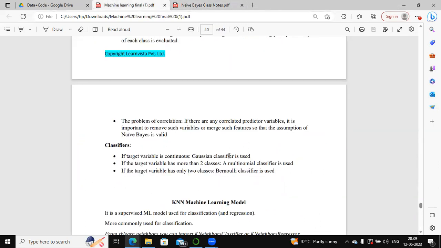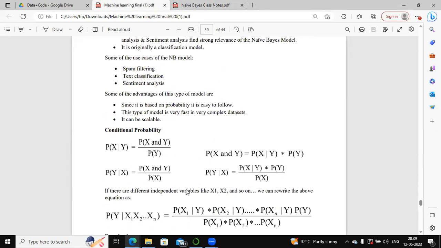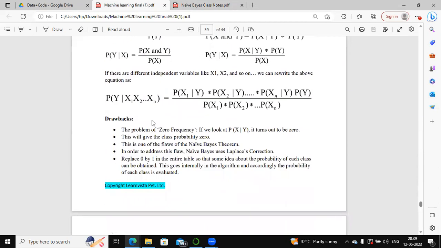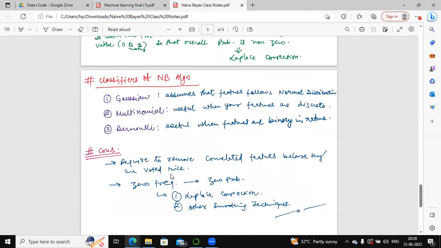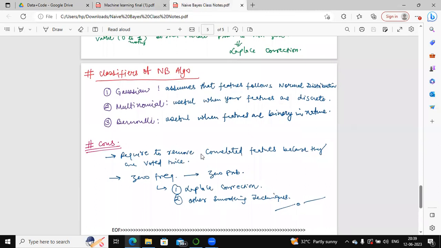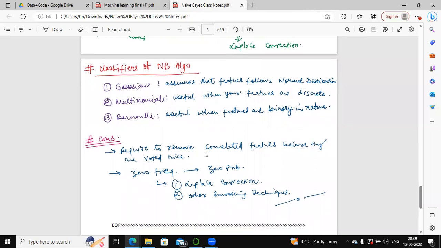So what are the cons of this? Let's see the cons. We need to remove the correlated features because they are voted twice. If there are two variables that are correlated, we need to remove one of them or merge both variables. Otherwise, there is a problem with our naive Bayes model.